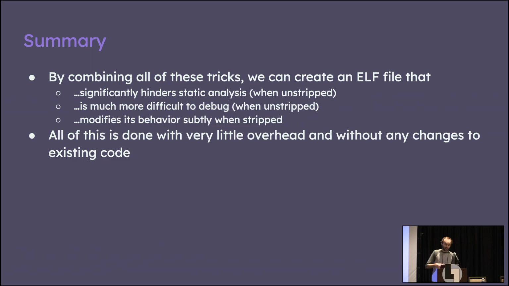If we are using that last trick of detecting a stripped binary dynamically, then we do have to add a little bit of new code, but it's not like an obfuscator where we're recompiling the whole binary with a whole bunch of packed or obfuscated code or something like that. So I think this is a pretty difficult binary to reverse engineer considering how little overhead we've gone with it.